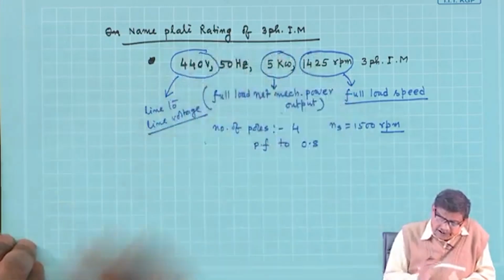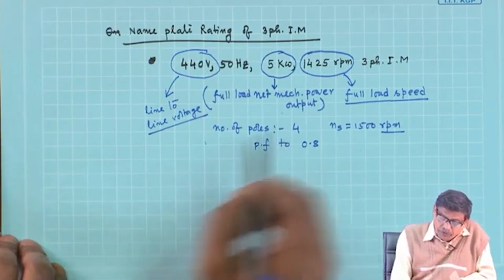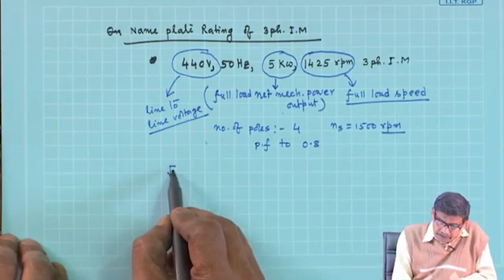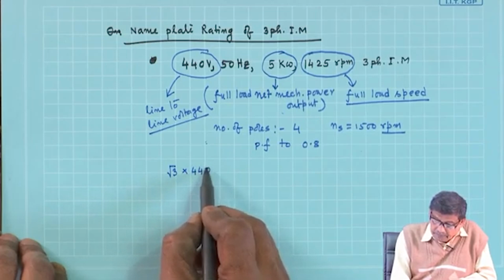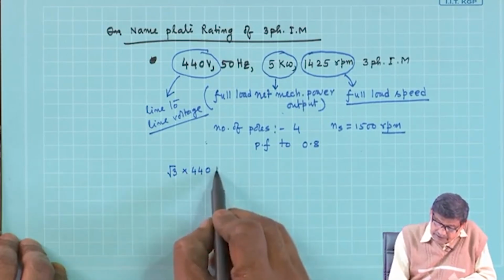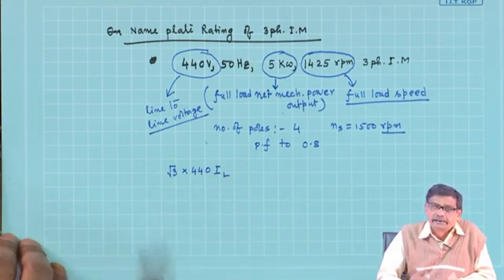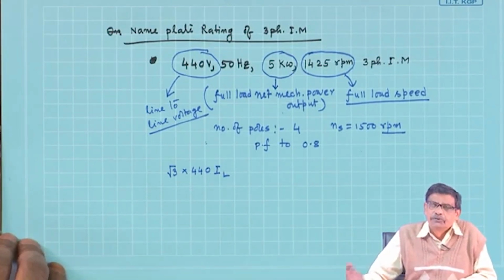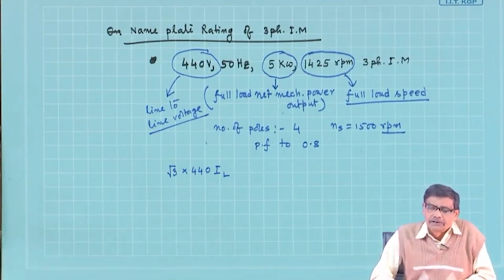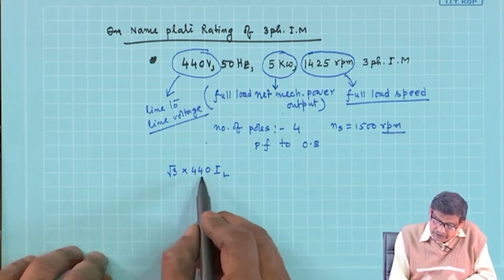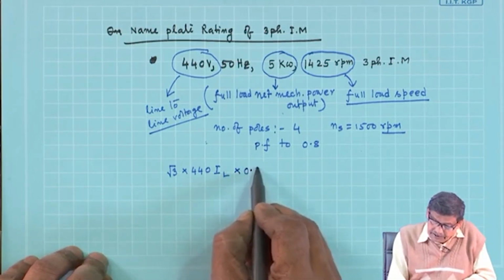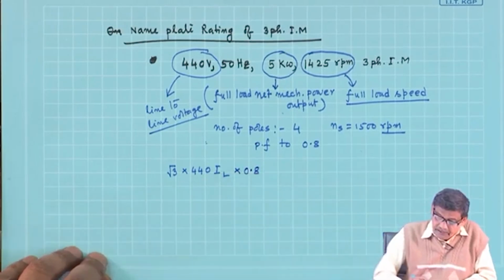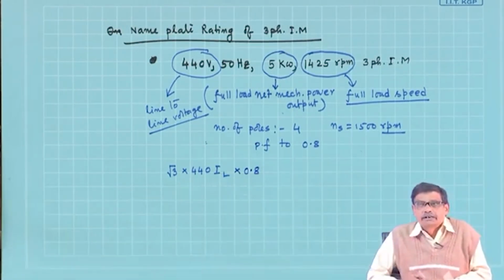Therefore, from this data what you can calculate is the full load current: √3 V_LL I_L, that is the line current. I am not bothered whether the motor is connected in star or delta; line current is all that matters to me. √3 V_LL I_L and power factor 0.8, but this is the input power factor.